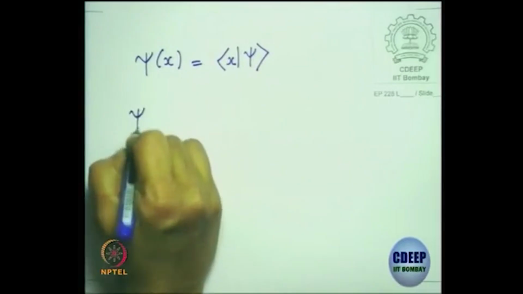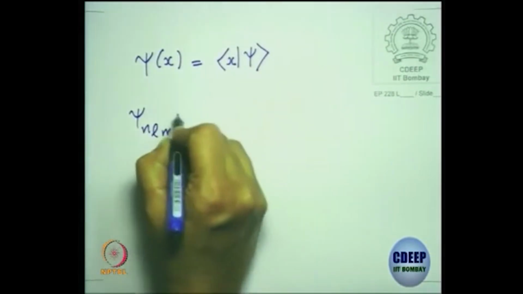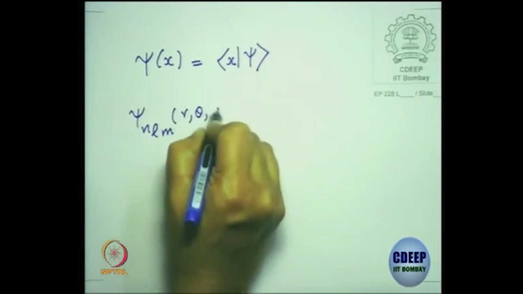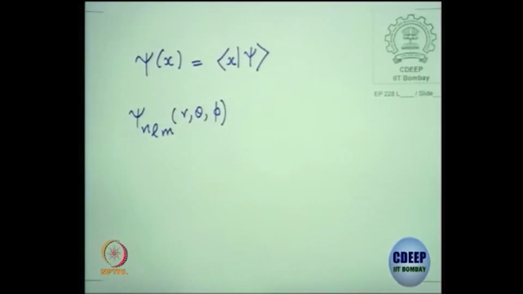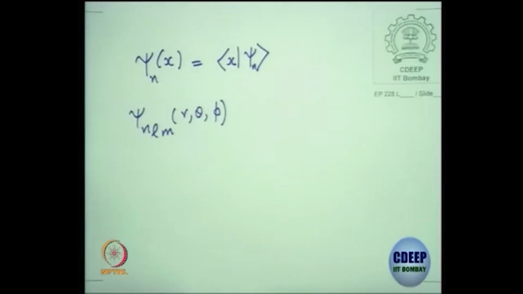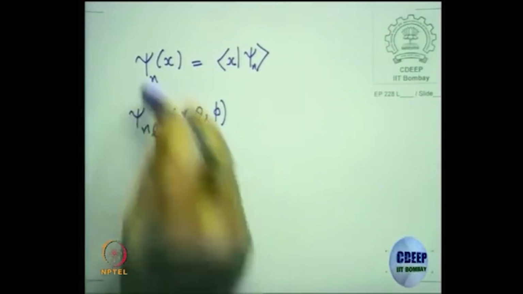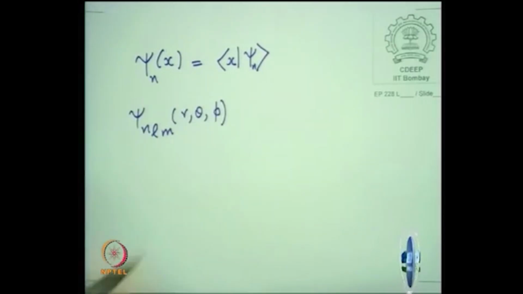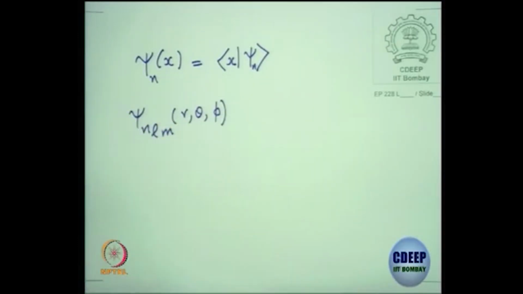When I write psi n l m, which is a function of r theta phi, how do we do this? Suppose I had an n here, you could have put in an n here for a particle in a box. n is the nth level of the particle in a box. n equal to 1 is the ground state, n equal to 2 is the first excited state, and so on.